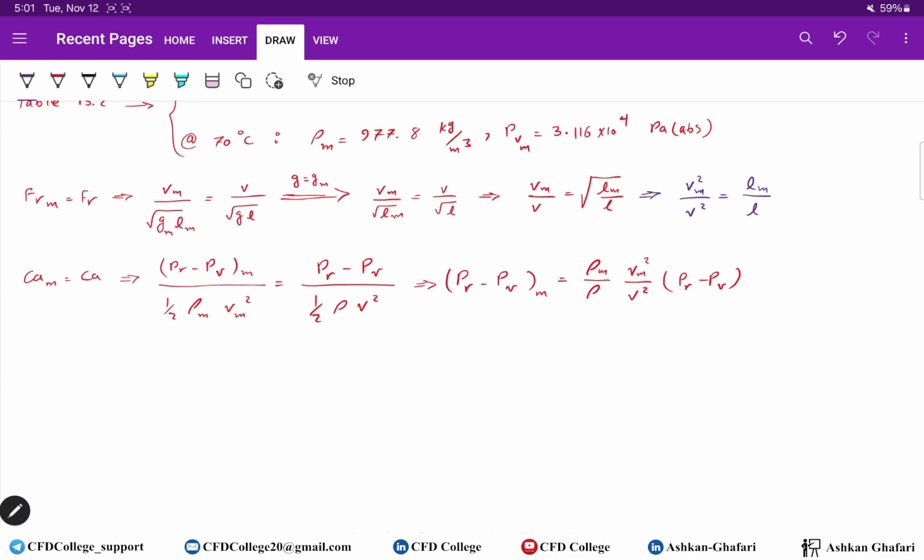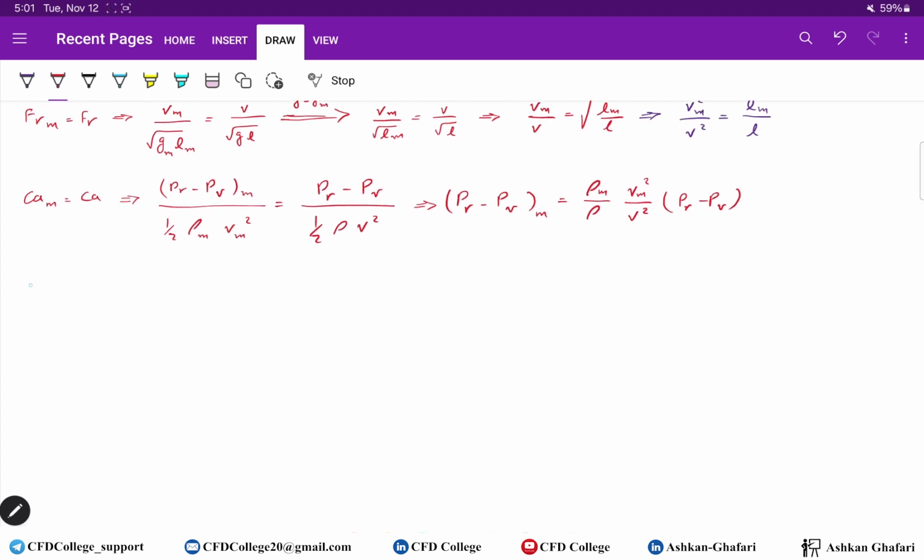So we can find that P minus Pv for the model equals rho m over rho times Lm over L times P minus Pv. Now it's easy, we just need to put the values.